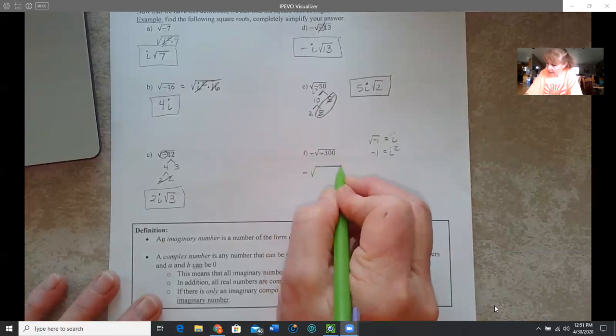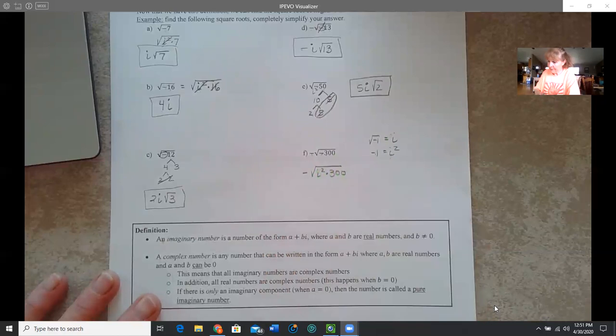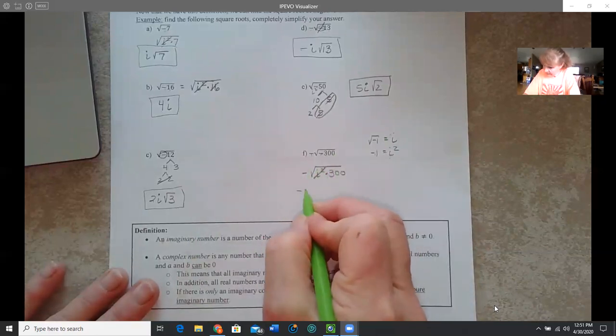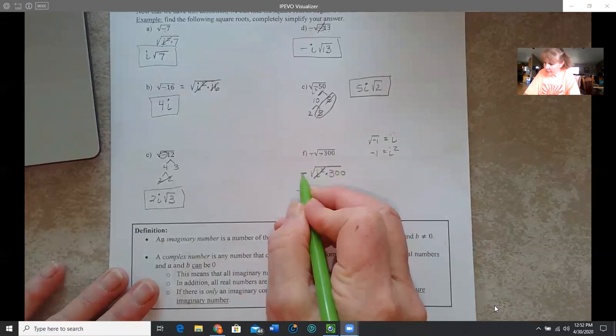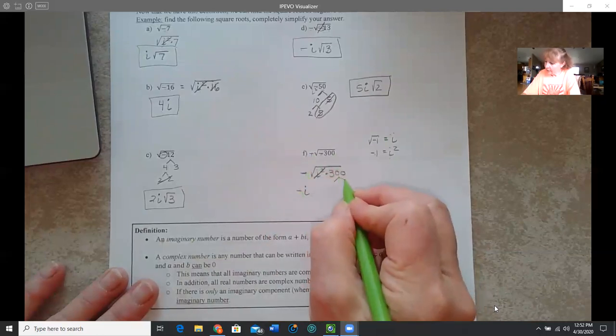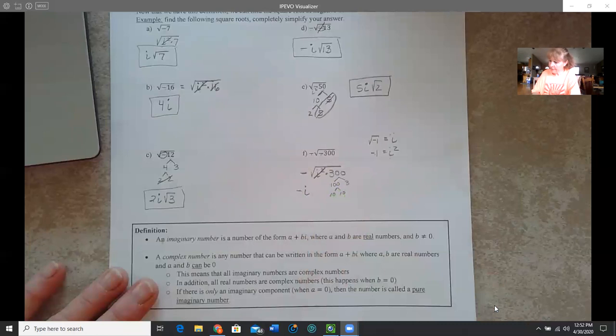Either idea, whatever makes most sense to you. So this right here is the same thing as i squared times 300. So the i squared comes out. Now again, that negative that we started with outside stays. The 300 is 100 times 3, 10 times 10.